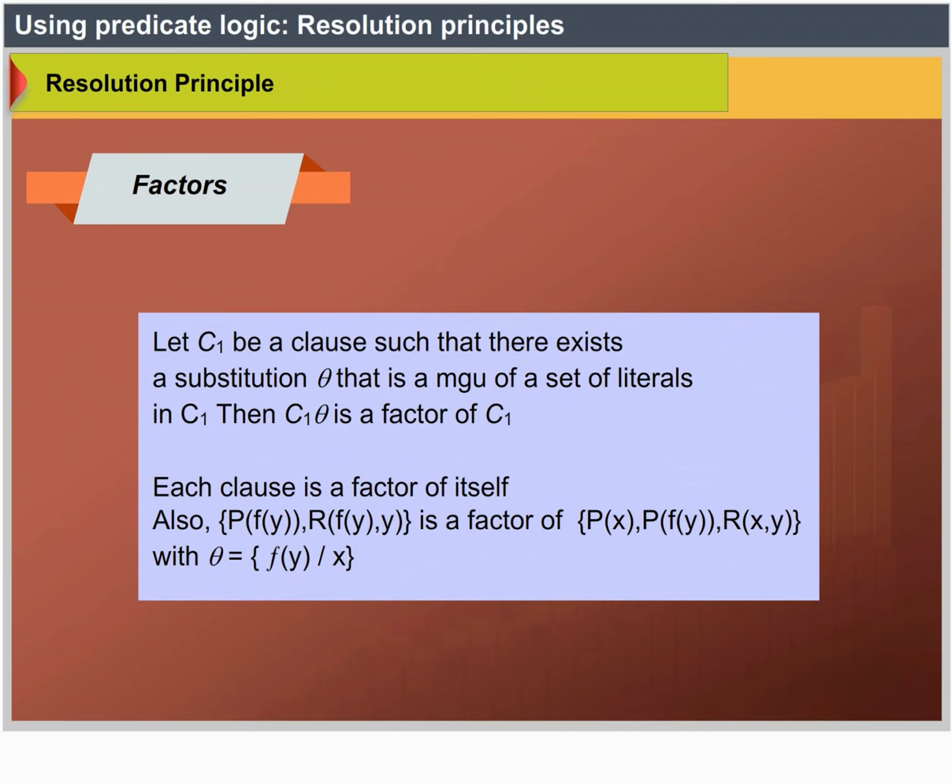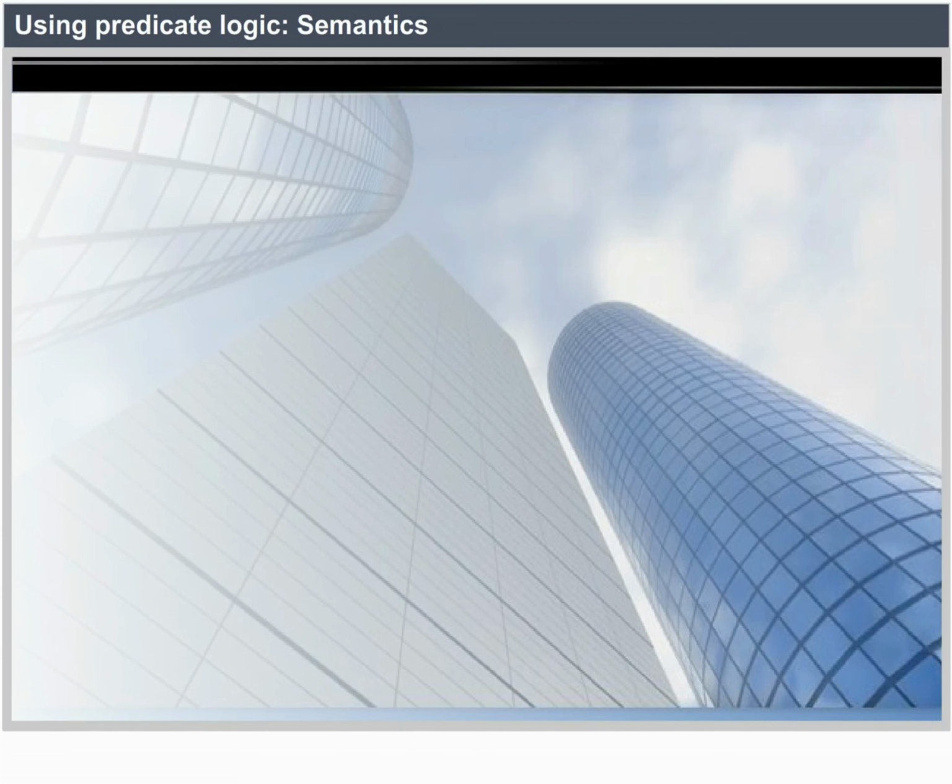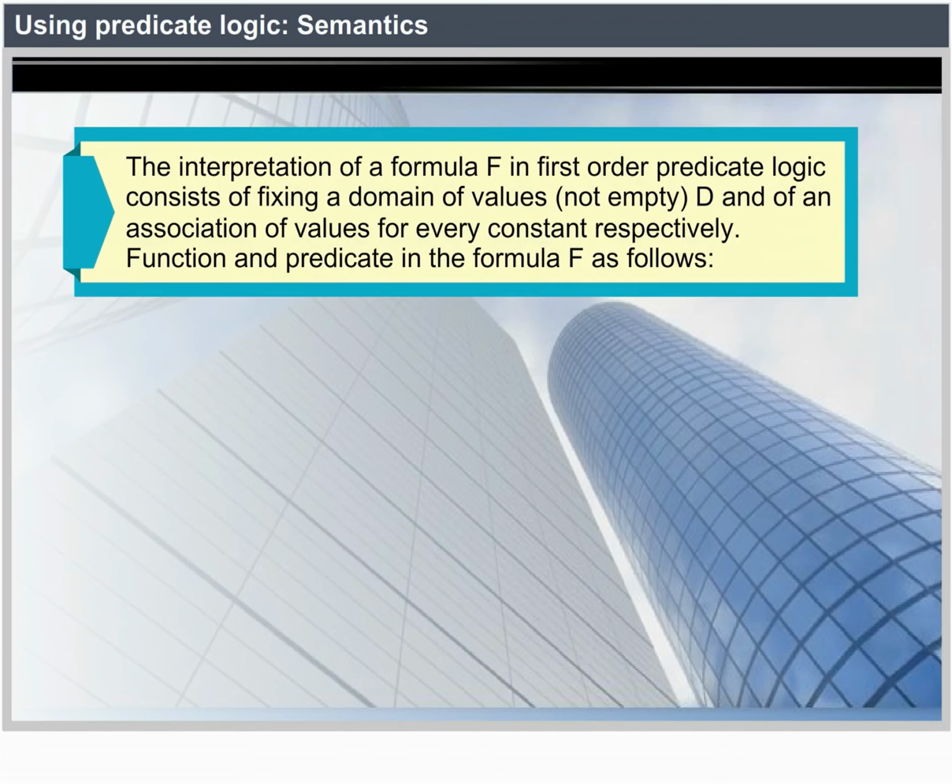Using predicate logic, semantics. The interpretation of a formula F in first order predicate logic consists of fixing a domain of values, not empty, D, and of an association of values for every constant, function and predicate in the formula F as follows.